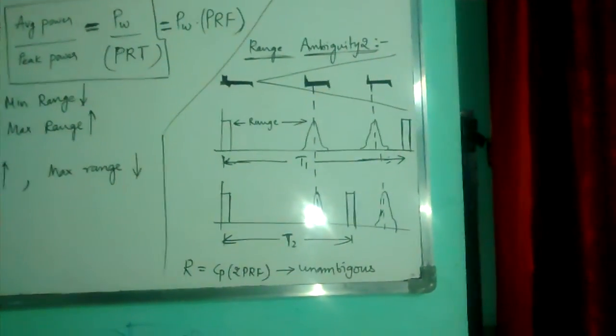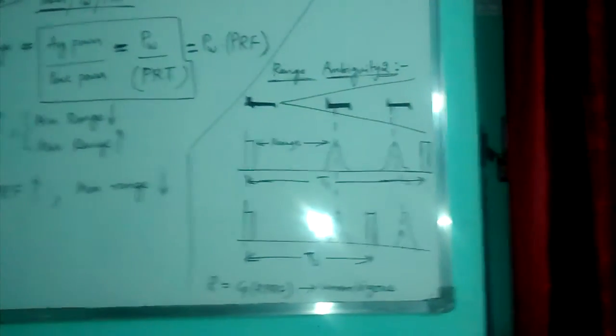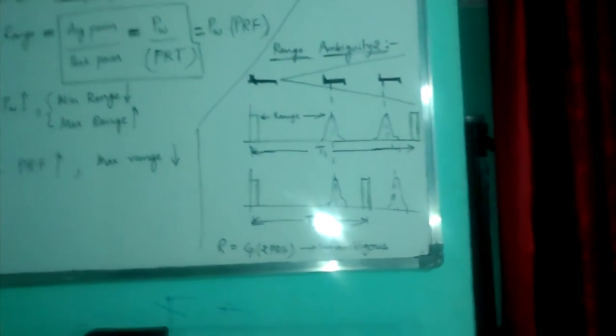The time duration between those two pulses is T1, and it is sufficient that both echo signals can be received before transmitting the next pulse.